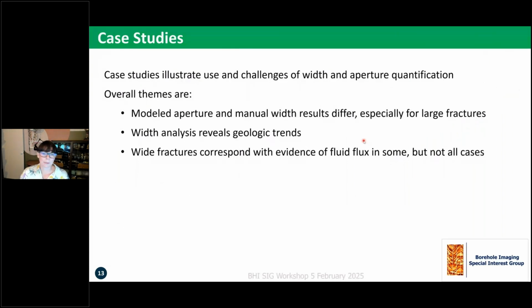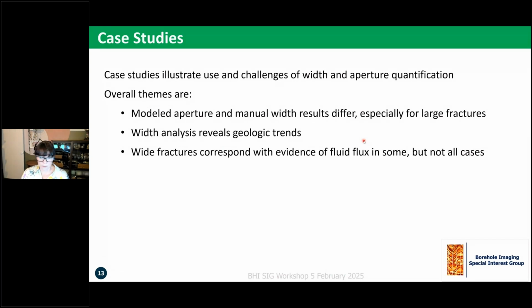We're going to look at a couple of case studies that show where this is used, how it's been used, and the challenges with doing aperture quantification. Some overall themes we'll pop out at the end so we can watch them come through.